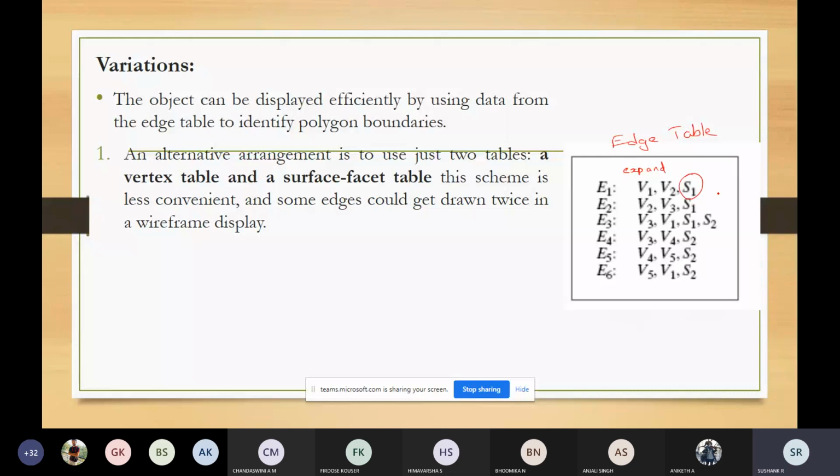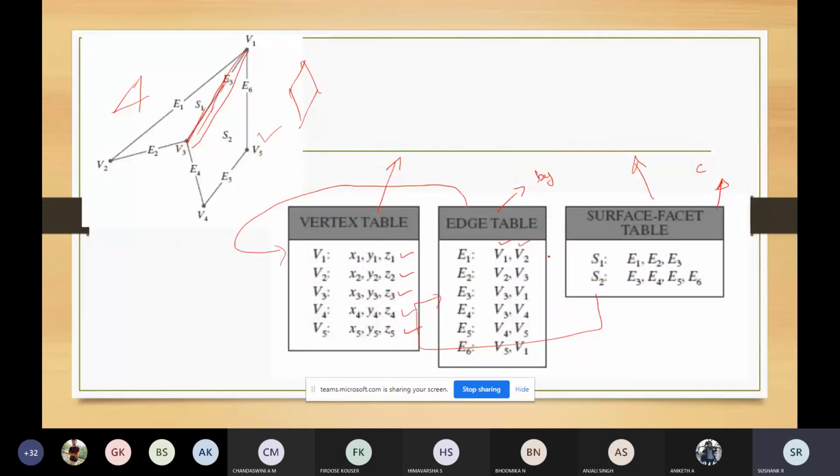You can expand this edge table to include forward pointers into the surface facet tables, so that the common edge between the polygons could be identified more rapidly or more easily.